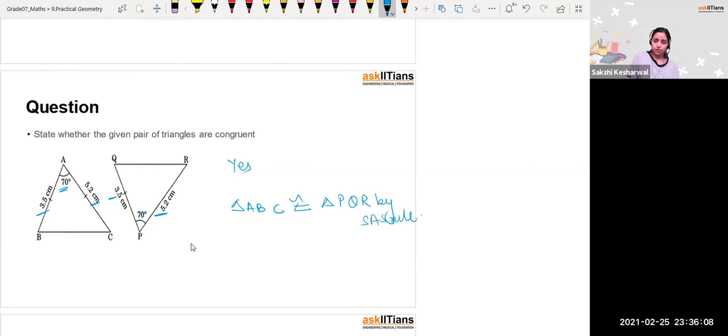AB is equal to PQ, which is given. Then angle A is equal to angle P, which is also given. And AC is congruent as well. That's all for you.